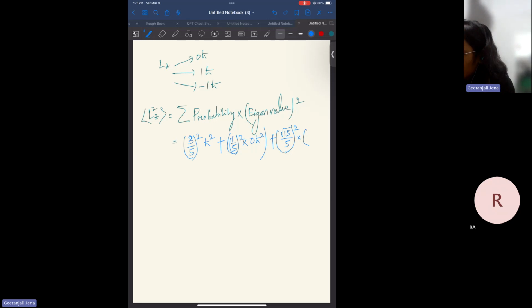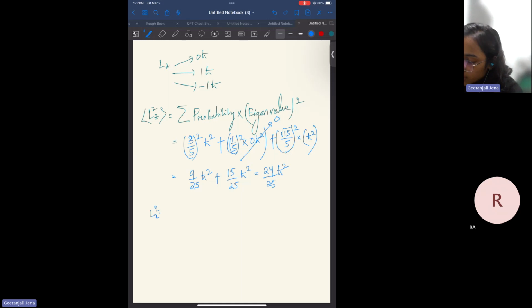When you take the square, it will be h cut only. Right, it will be 9 by 25 h cut square. It will be 0, this one. And this is 15 by 25 h cut square. That means it is 24 by 25 h cut square.